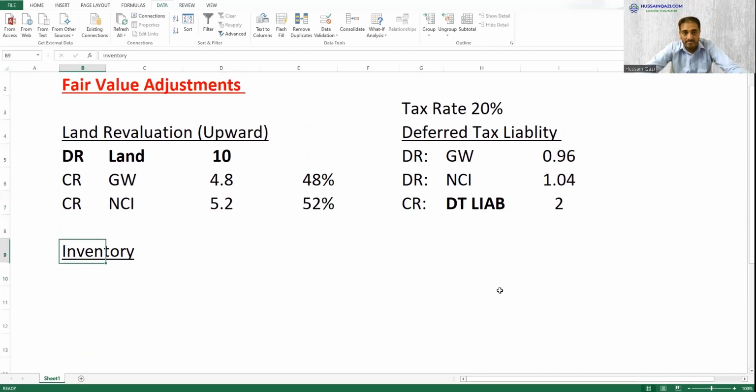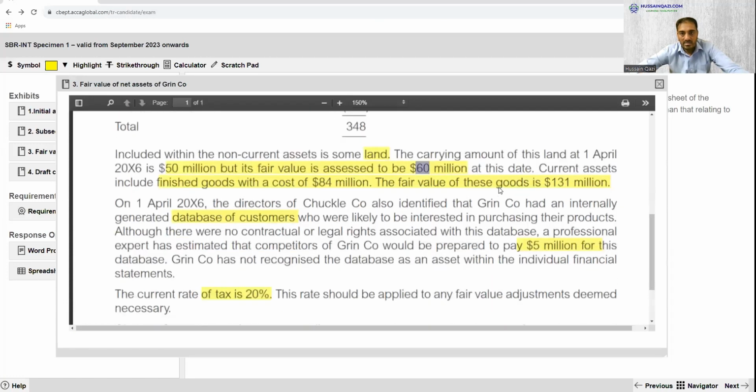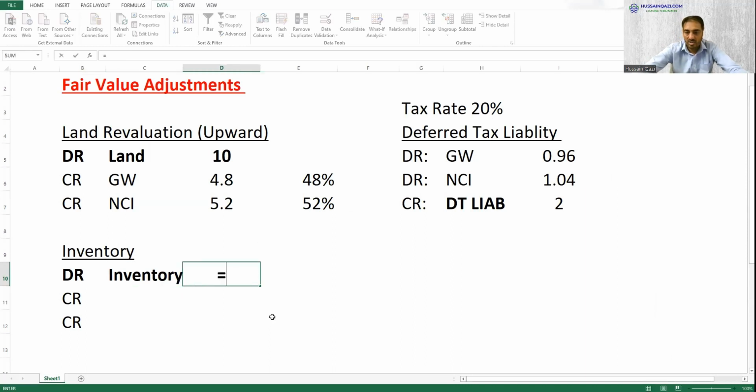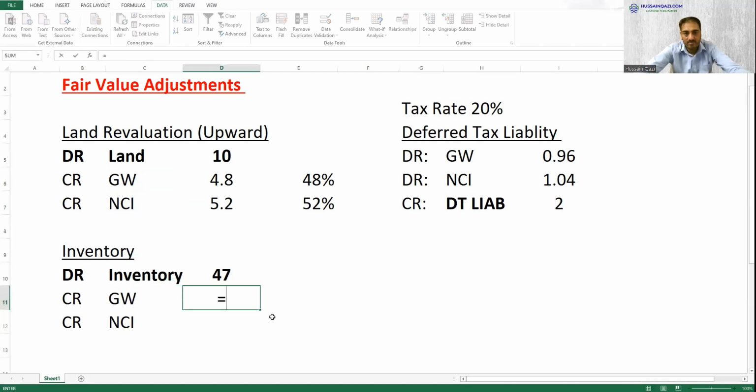Same for the inventory. For inventory, debit, that is the difference between 84 and 131, equal to 131 minus 84, 47. And the impact on goodwill and NCI is 47 into 48%. Don't confuse: parent share 48%, NCI 52%.